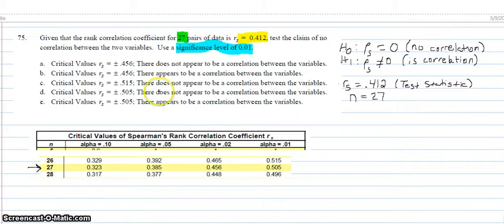Our significance level is 0.01. So we're going to want to use alpha is 0.01. And so that means the critical value is going to be plus or minus 0.505. So that's our critical value.